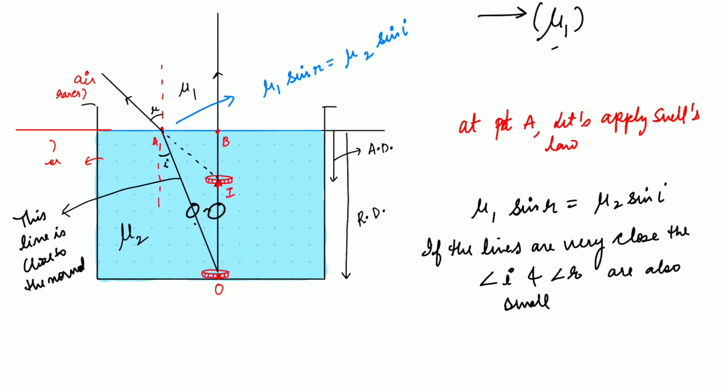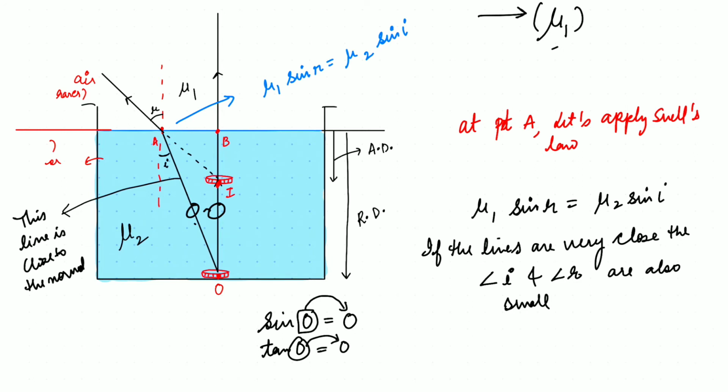Now if you remember, for small angles, sine as well as tan, the angle comes as the answer. For example, if I say sine of 0, the answer is 0. So for small values of sine, the angle comes as the answer. Similarly, tan 0 comes to be 0.